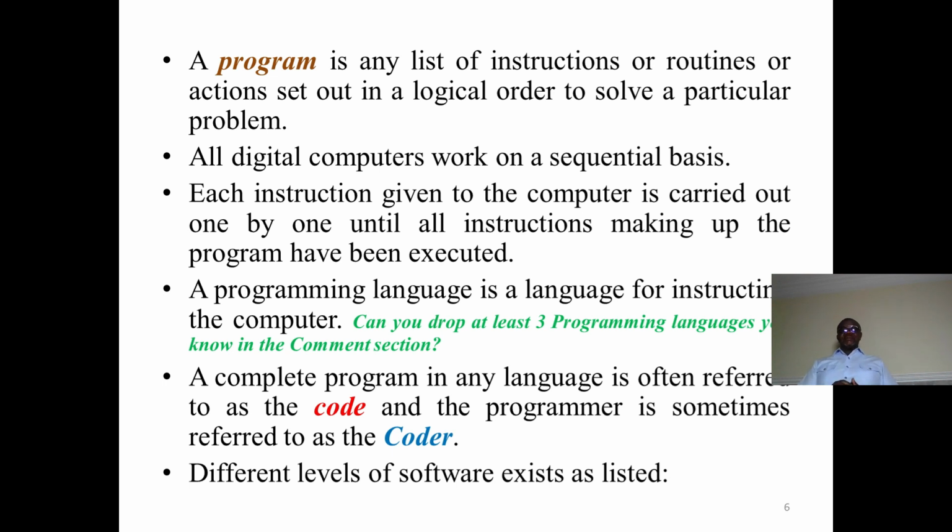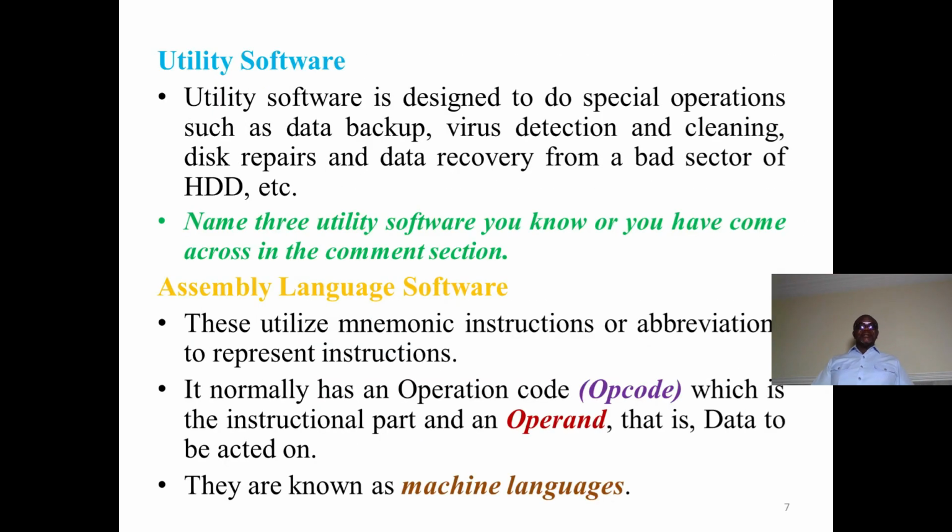A complete program in any language is often referred to as the code, and the programmer is sometimes referred to as the coder. Different levels of software exist, as we can see. The first one, not in any order, is the utility software.